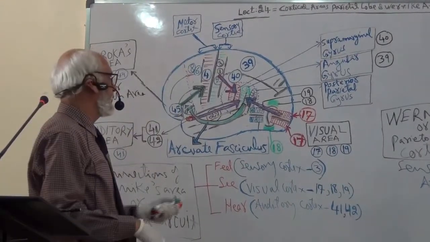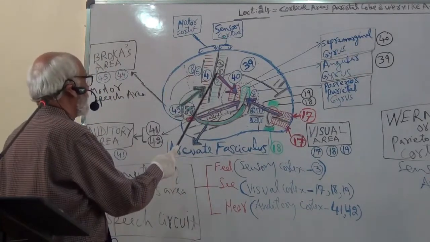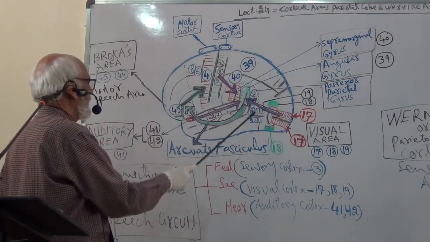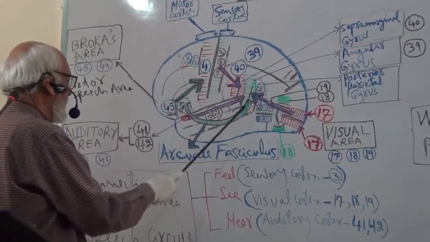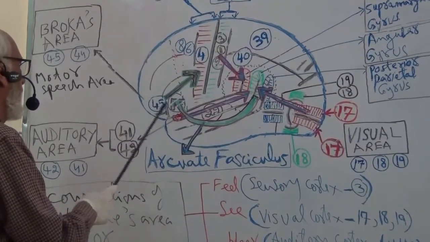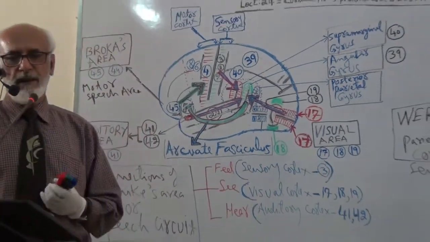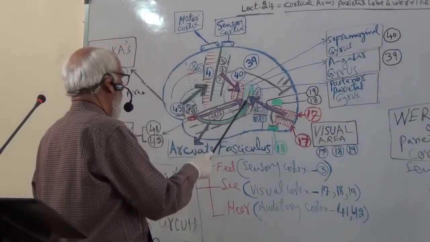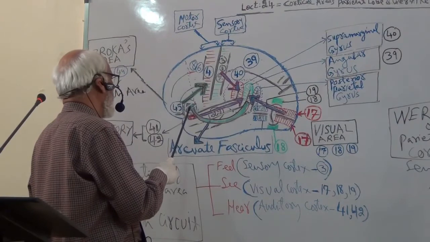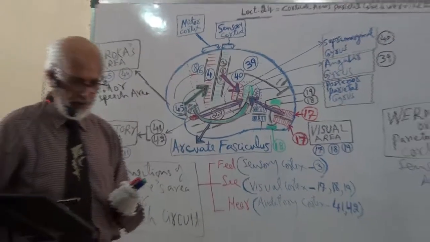These were connections of speech, very simple. If you draw this diagram again and again, label it, and know the close relation of Wernicke's area with the sensory cortex, visual cortex, auditory cortex, then motor area, Broca's area, and then area number 4. This is the speech circuit, or the connections of Wernicke's area. Which fibers it received and which fibers connected it with the Broca's area, and Broca's area then connected to area number 4.